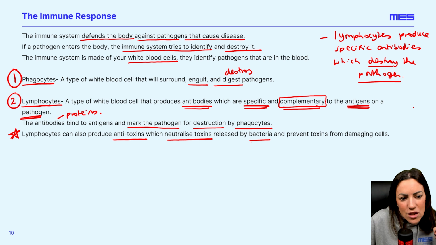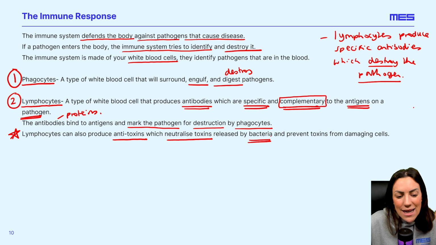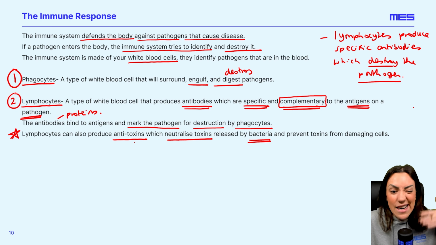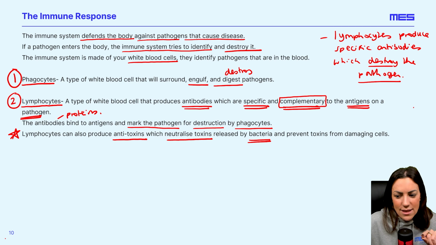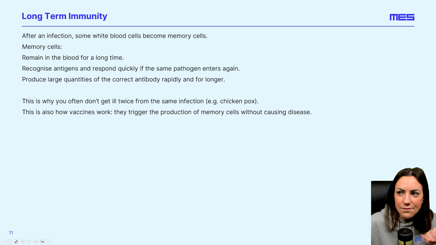So remember from the start of our little lesson today, bacteria, we said they make us ill because they produce toxins that damage our cells. Well, lymphocytes can produce antitoxins which will bind to the toxin and neutralize the toxin, kind of cancel the toxin out so it will not damage our cells. Okay, so there's two things there for lymphocytes, the production of antibodies and the production of antitoxins.